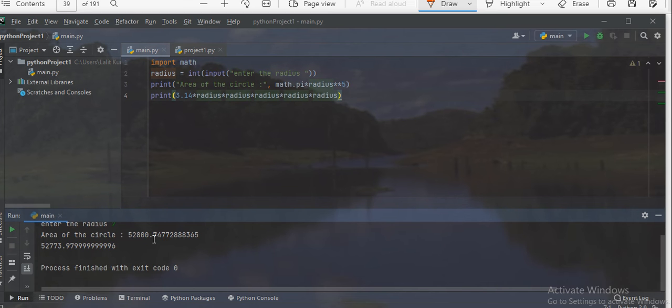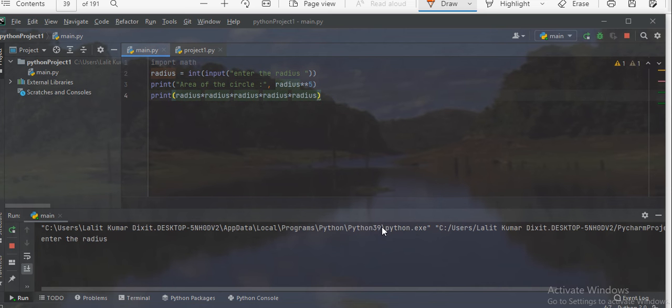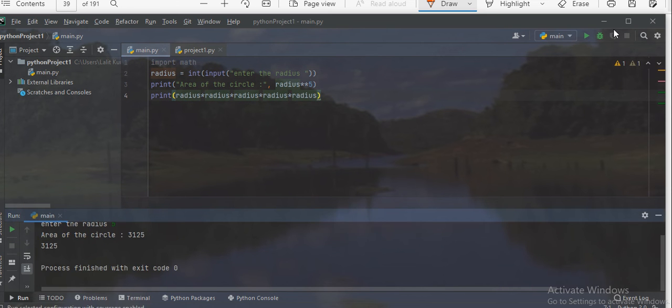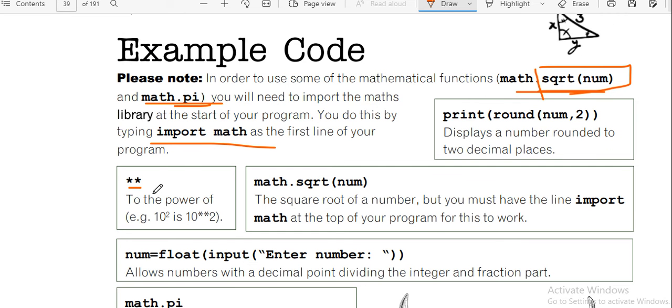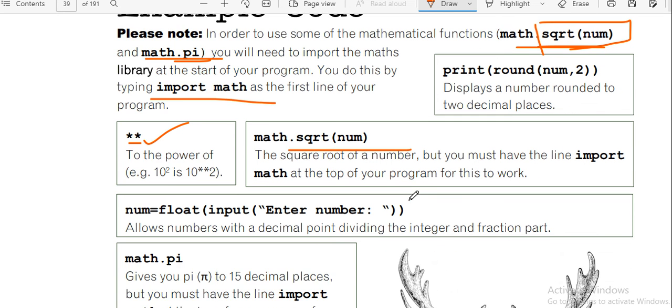See, it's basically math.pow which is giving this output, and the other things are the same. Or you can just remove this math.pow to see the same output. Okay. Now this is basically for the power operation, and similarly the sqrt operation.